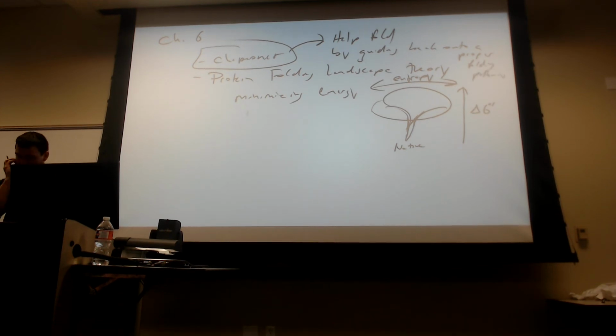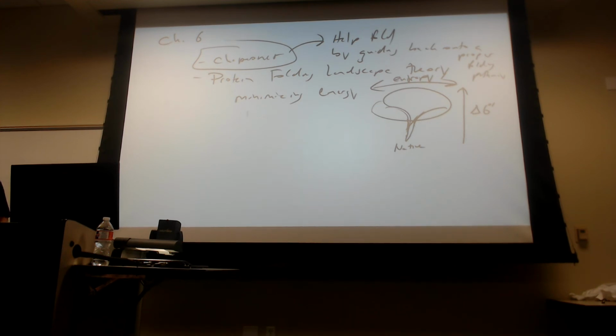I think I gave you a question on this in exam 2. Is there any particular reason why it's delta G prime? I'm just showing that this is at standard state, so it doesn't have to be.